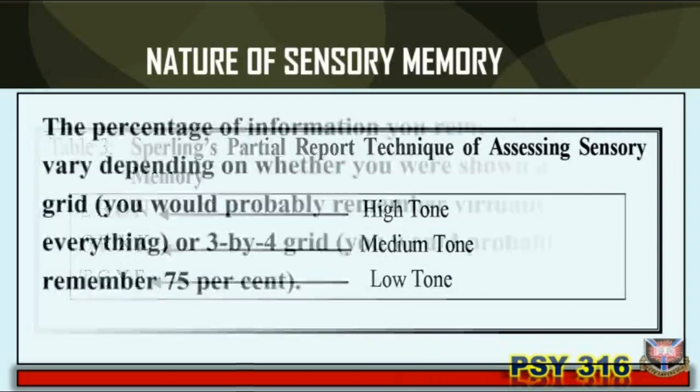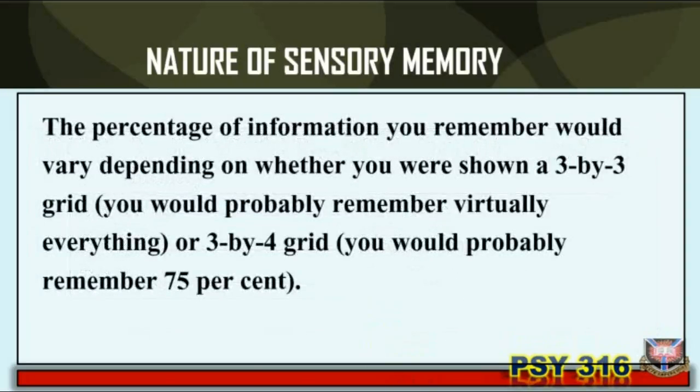The percentage of information you remember would vary depending on the grid size. If you were shown a 3x3 grid, you would probably remember virtually everything; with a 3x4 grid, you would probably remember 75%. In this case, you would be reporting about 9 items. Sperling established the fleeting nature of sensory memory. He found that if he sounded the tone after a delay of 1 second, a subject would remember very little.